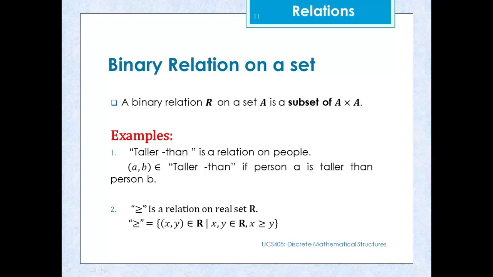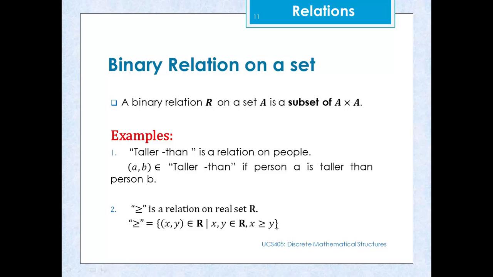Similarly, we can define a greater than or equal to relation on the real set R. How can we write it? We can write it as (x, y) belongs to relation R such that x and y belong to R and x is greater than or equal to y.